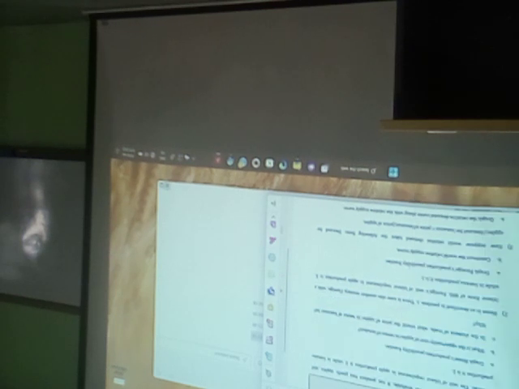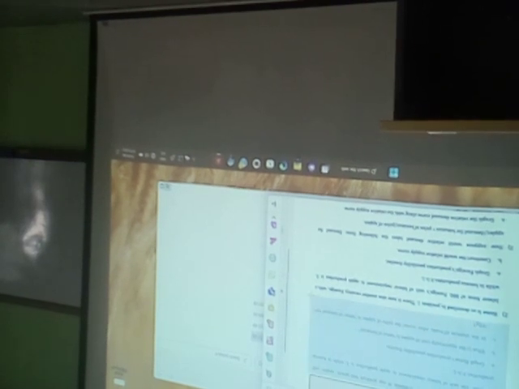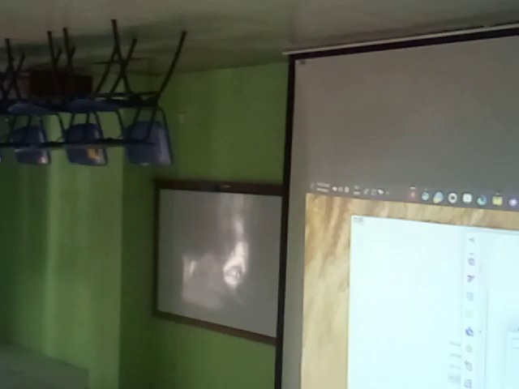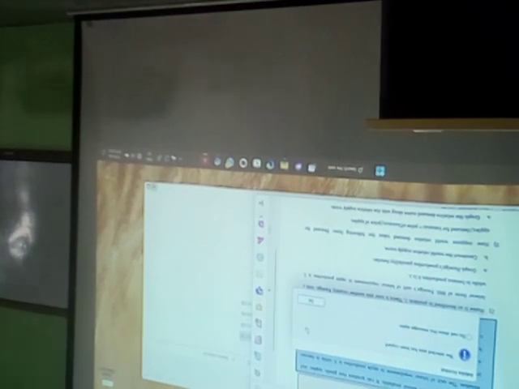A locus of alternative combinations between 2 goods when resources have been fully used. That is the definition. Okay? Let me quickly plot the graph here. Okay.